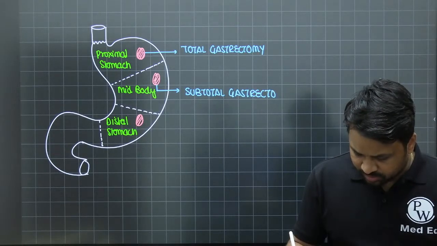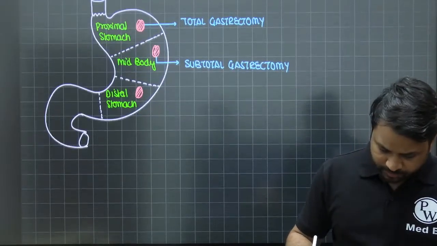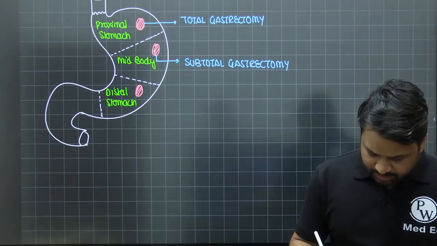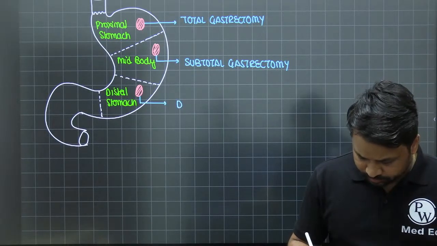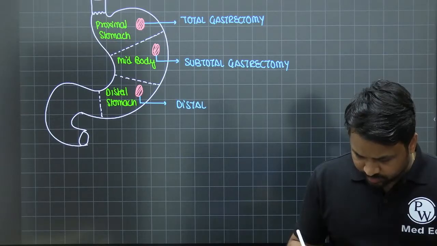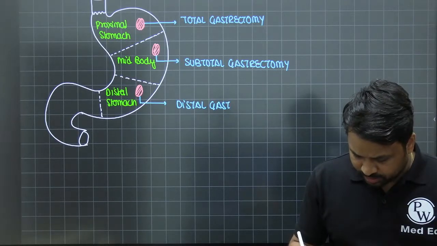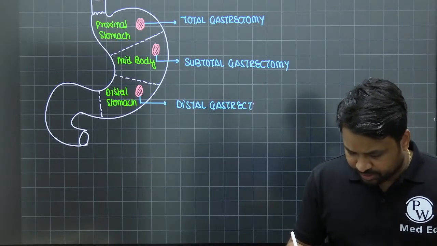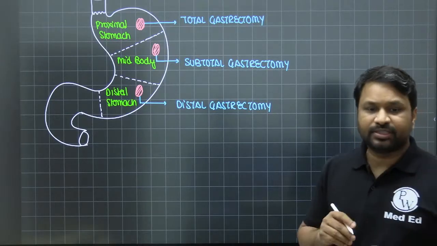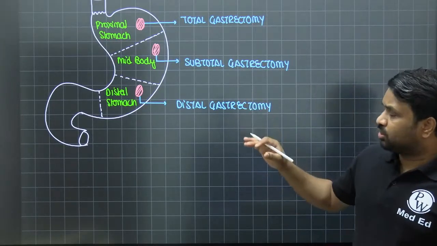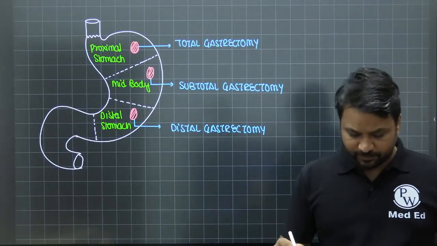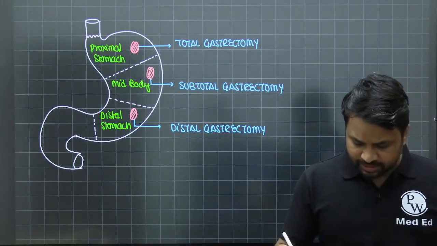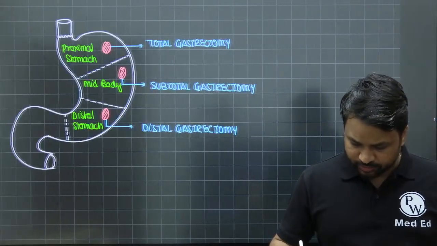And for the distal portion, we do distal gastrectomy. So these are the preferred surgeries in order to remove the part of the stomach when the tumor is going to be infiltrating.